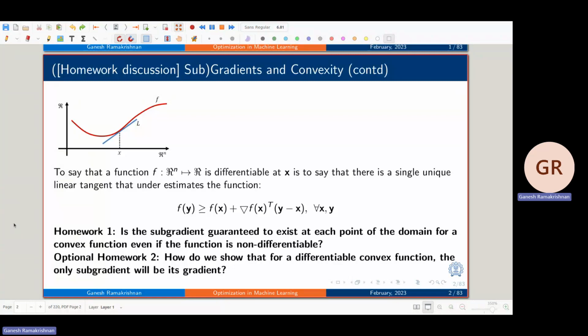Homework 1: if the function is differentiable and convex, I'm not going to do a detailed proof here, but the idea is that what we know for sure is that the gradient of f is an element of the subdifferential of f, by definition of gradient.